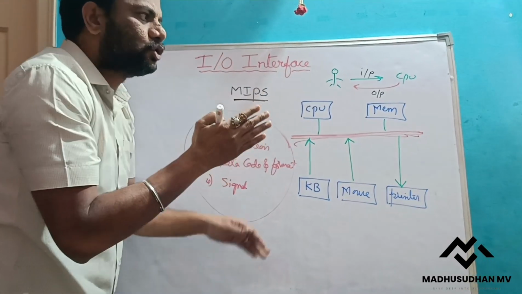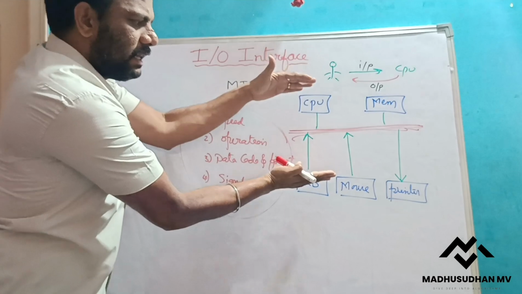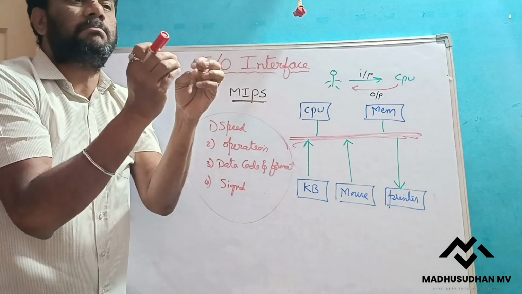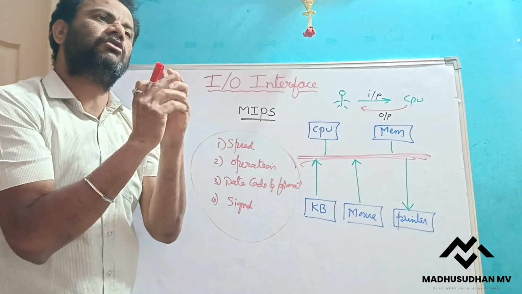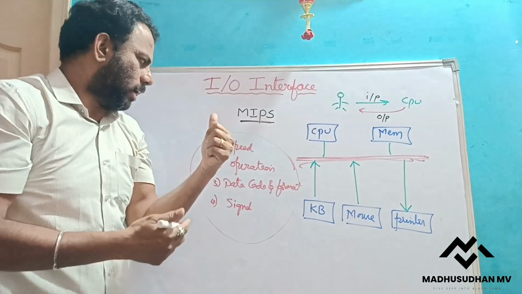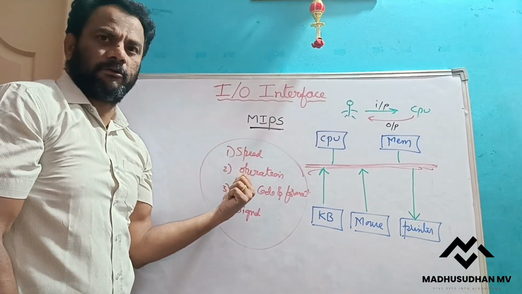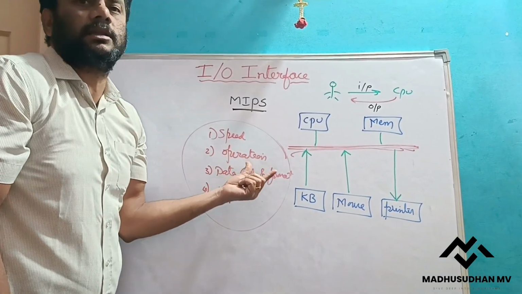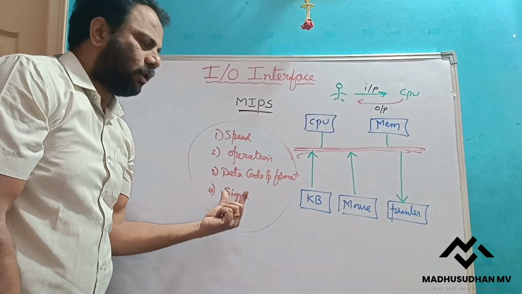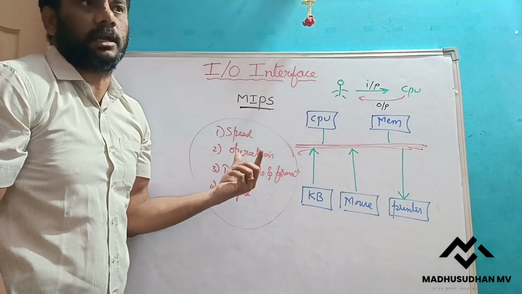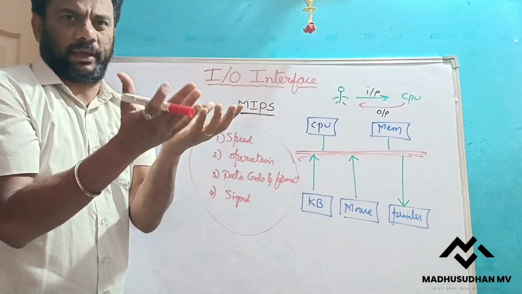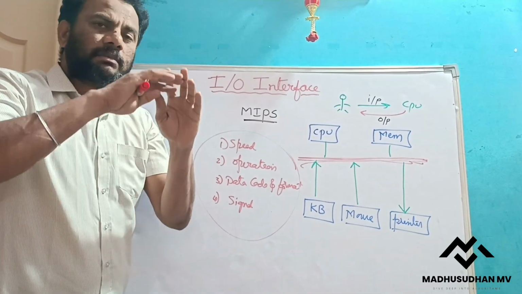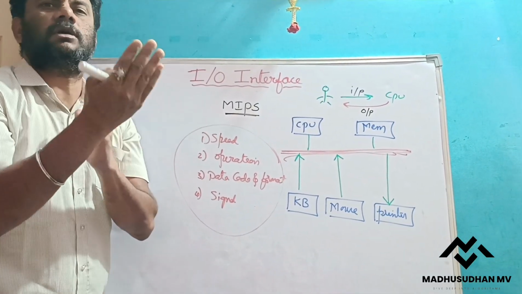It doesn't know how they work. So we need somebody in between the IO devices and the processor, who can translate from one type of operation to another, convert from one data code or format to another, or convert signals from one type to another. You can call that an interface, an intermediary, a translator, or a converter.